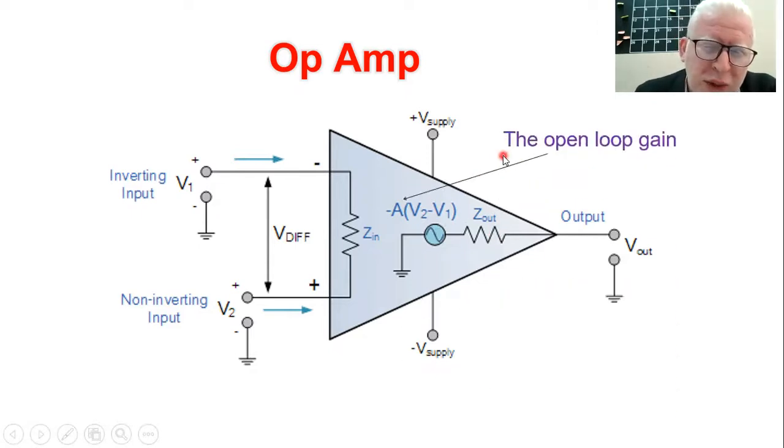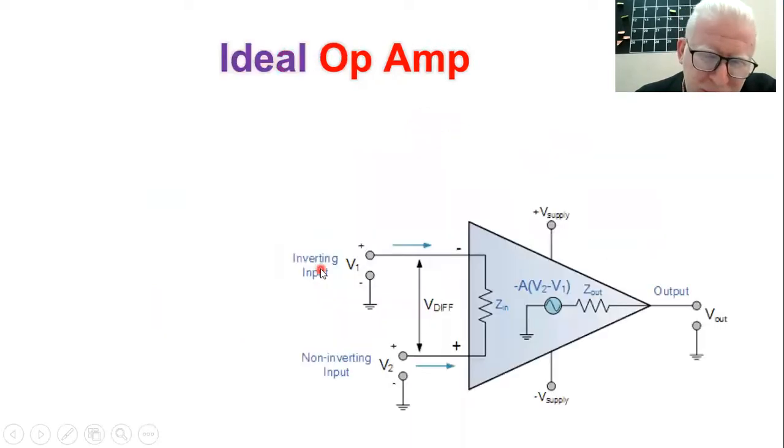And then we said that the output is related to the input using what's called the open loop gain, where V out equals A times V2 minus V1. We have a negative terminal in the input, which is called the inverting input, and a positive terminal, which is called the non-inverting input.